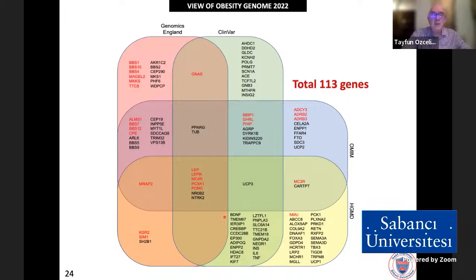So here, these are the genes that are represented in all 4 databases. And the ones that are in red are the genes for which the animal model is also obesity. By animal model, I mean the knockout phenotype of the mouse.